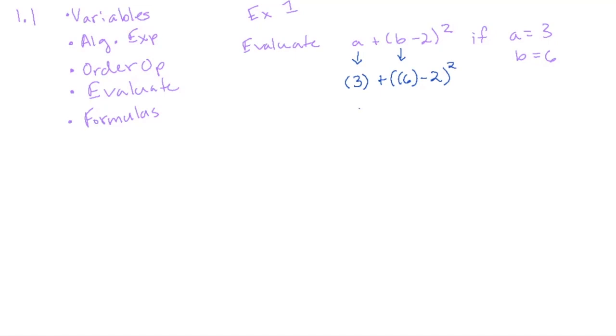Now that we've done that, we can say 3 plus (6 minus 2) squared, which, once again, using PEMDAS, 6 minus 2 gives us 4, which then gives us 3 plus 16, which is 4 squared. Remember, squared is just 4 times itself, any number times itself. And then 3 plus 16 gives us 19, which is the answer.